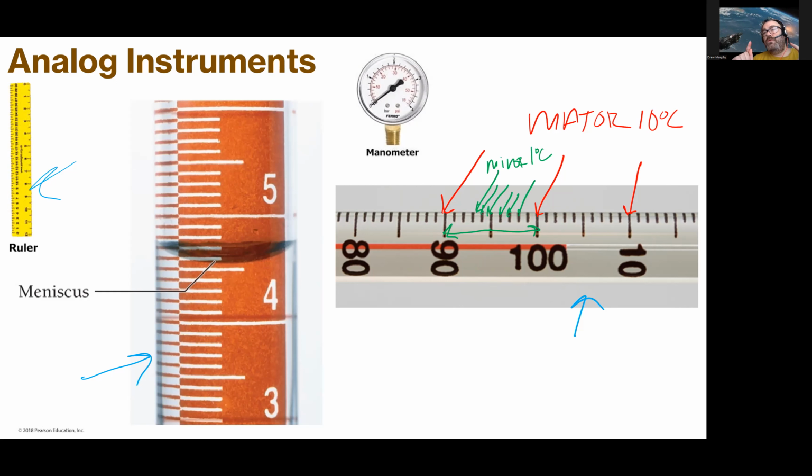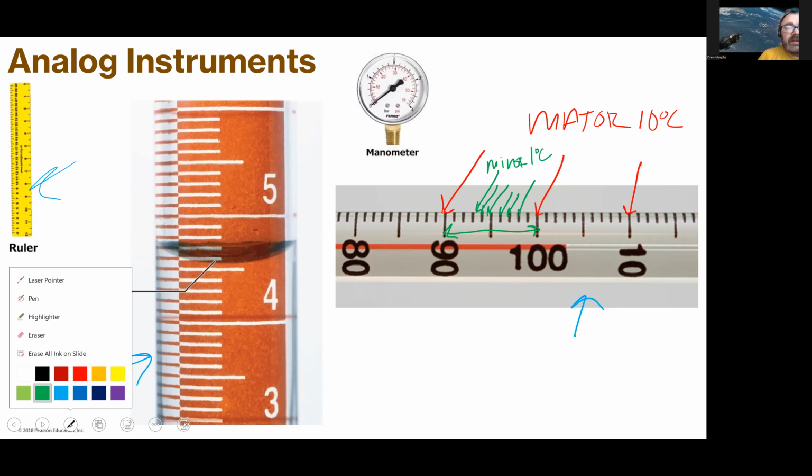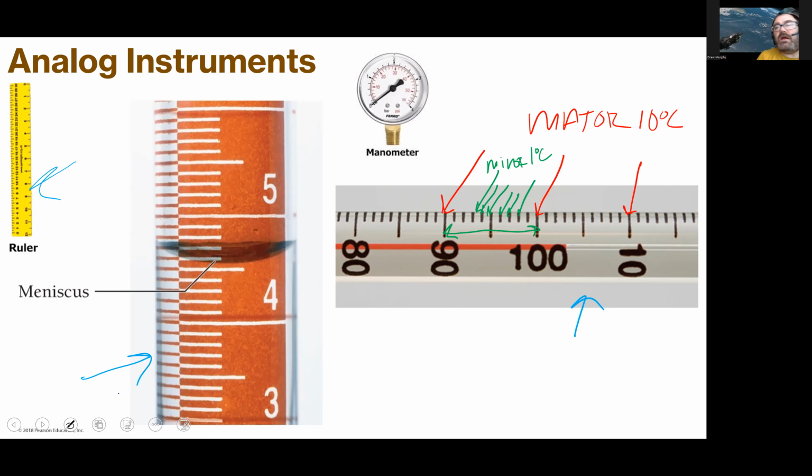We get to say those digits when we're measuring something, and we get to add an extra digit to it that's up to us. So if we're going to read this, I'm going to draw a line like that. That's a really crappy straight line. Let me draw a little better, maybe. Too much coffee.